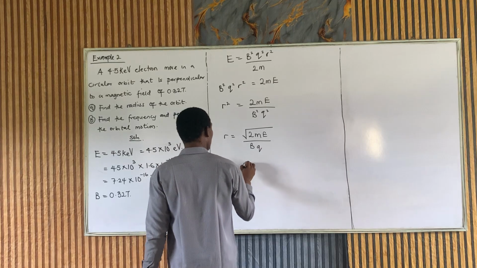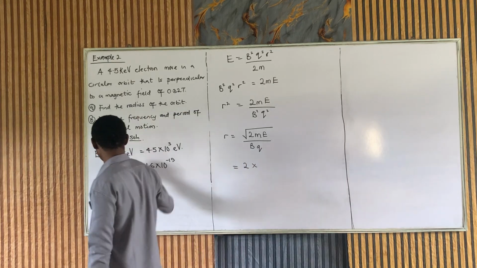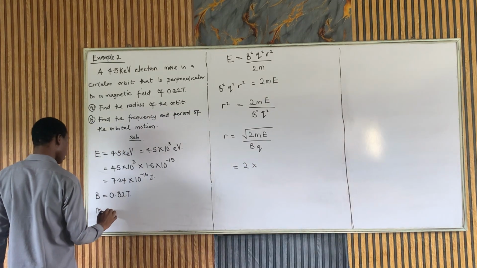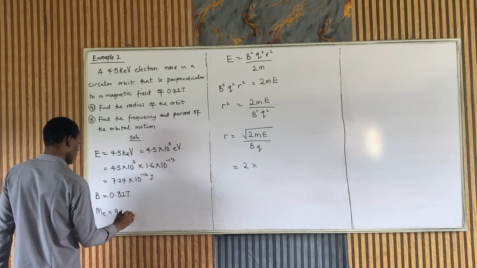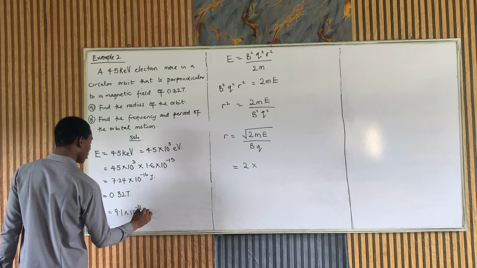So this is what we have. Now, since it's an electron, the mass of the electron is equal to 9.1 times 10 raised to the power minus 31 kg.